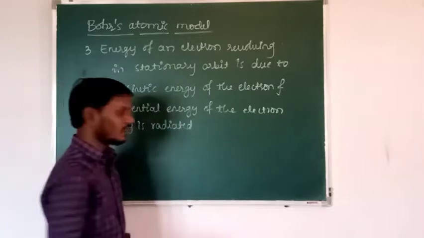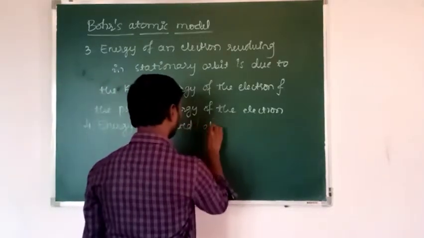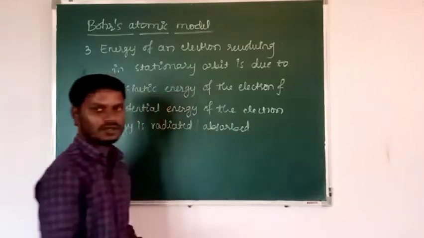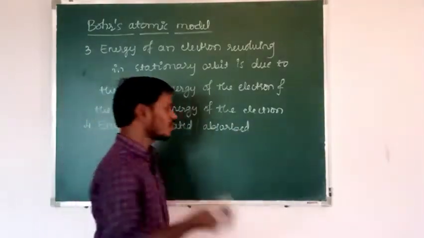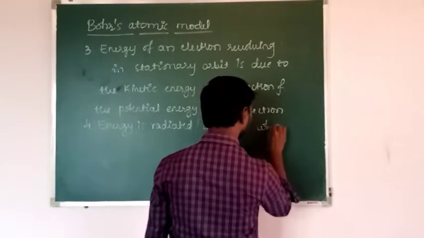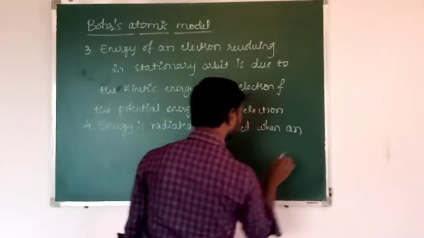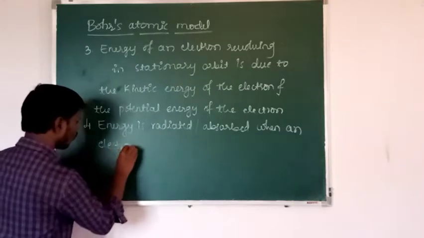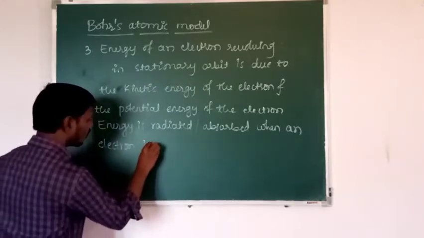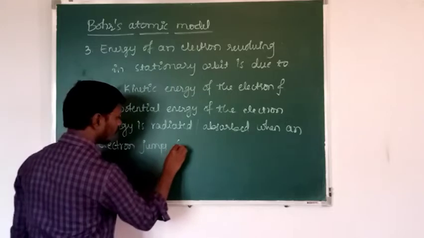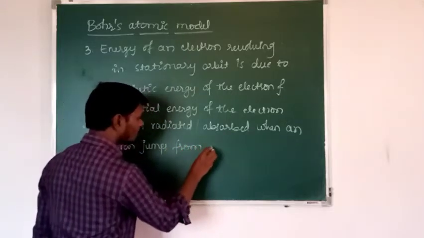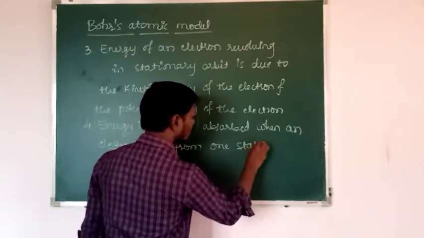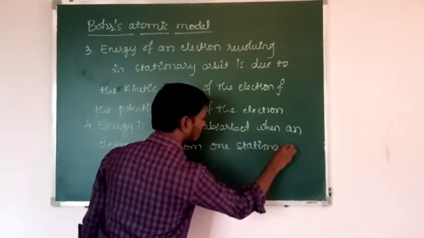Energy is radiated or absorbed when an electron jumps from one stationary orbit to another stationary orbit.